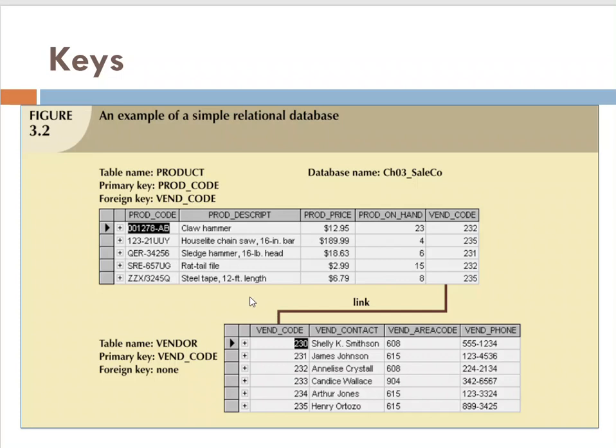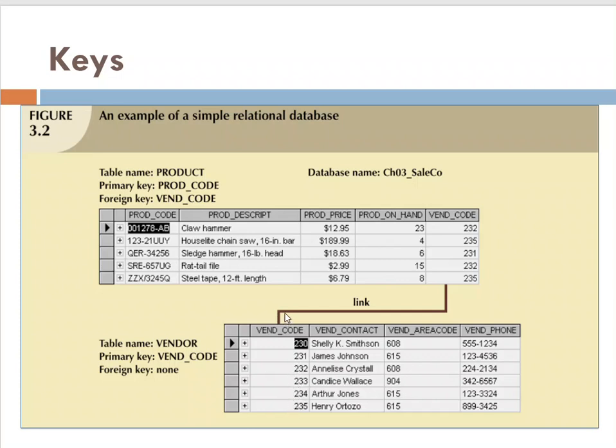Okay, bagi referential integrity, foreign key di dalam table product is vendor code. Jadi di bawah vendor code ni ada nilai 232, 235, 231. Then you refer to the vendor code in table vendor. Adakah value 231, 232, 235 exist?